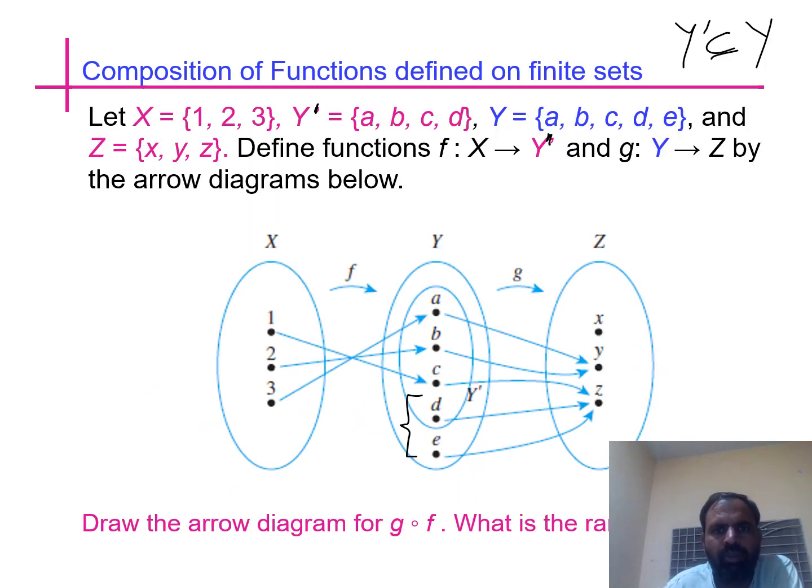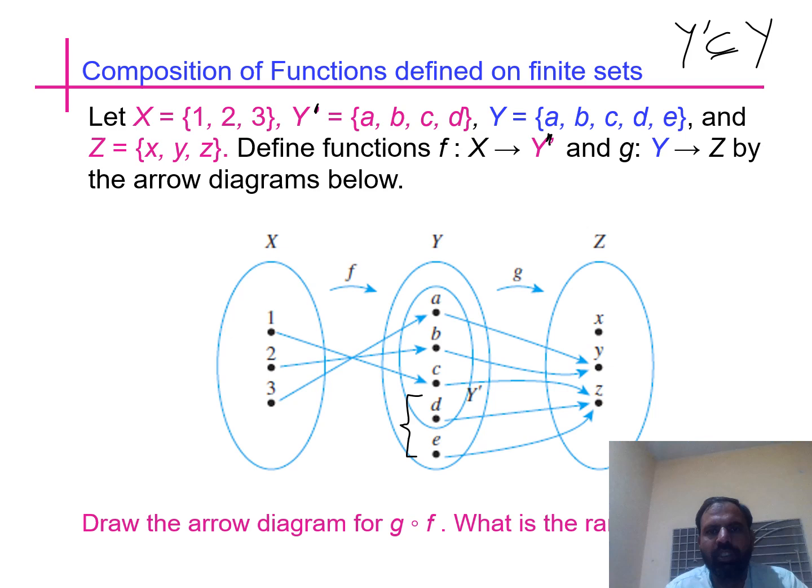Let X be equal to 1, 2, 3, and Y prime is a, b, c, d, and Y is the set which has the elements a, b, c, d, and e, and Z is the set which has the elements x, y, and z.